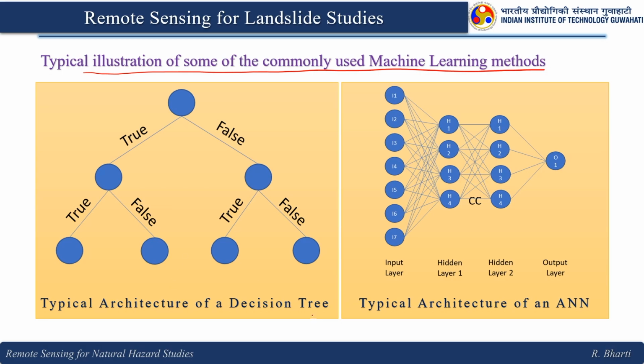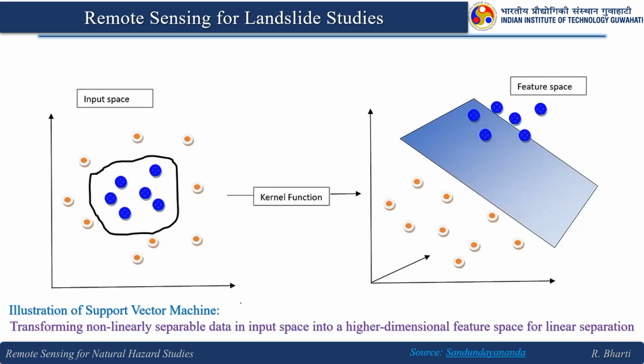Typical illustration of some of the commonly used machine learning methods. So, here this will provide you, I hope you have seen this kind of diagram many times. This is the typical architecture of a decision tree. This is the typical architecture of a ANN, right? And this is for the support vector machine. So, what happens when you are having two groups of information and you want to segregate them, right? So, in that case the support vector machine will help.